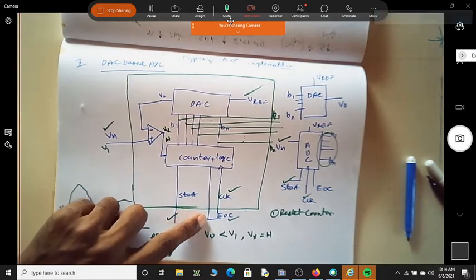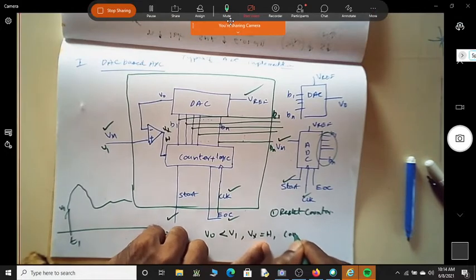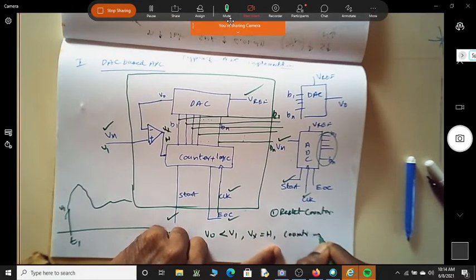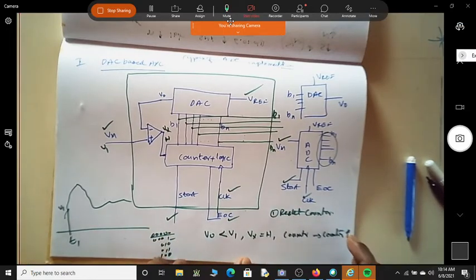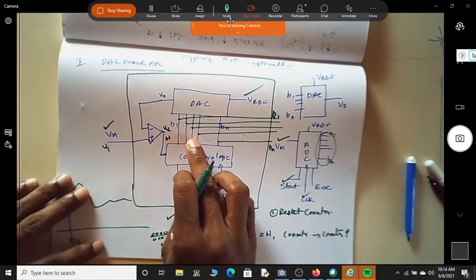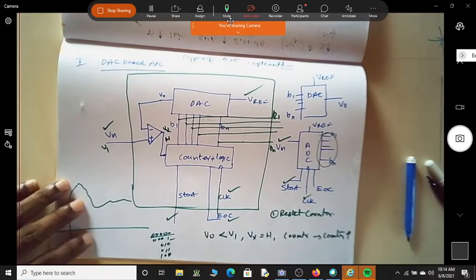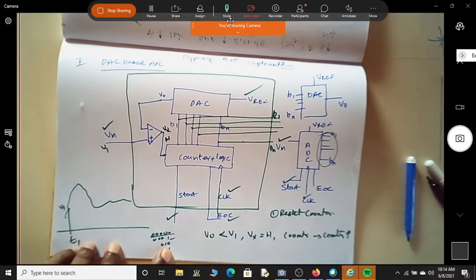So then the counter keeps counting, actually incrementing the value by one, by 1 LSB.